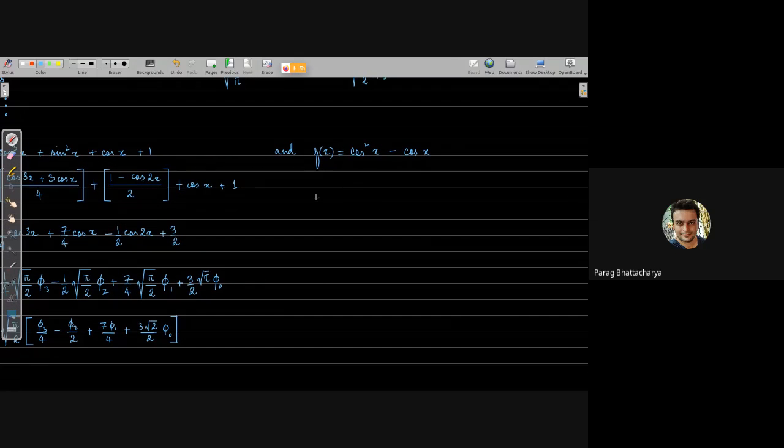So this is going to be equal to cos square of x. Cos square of x can be written as cos twice x plus 1 divided by 2.